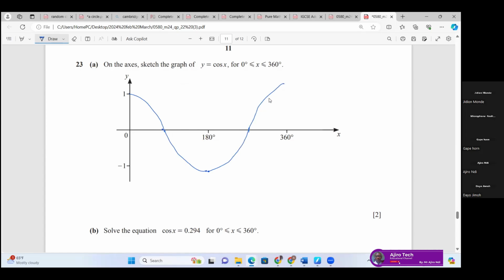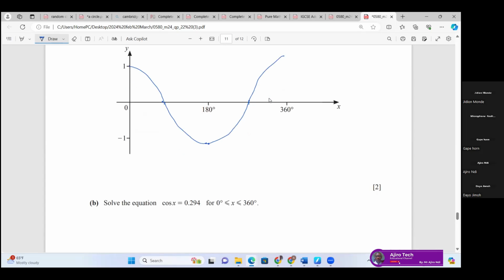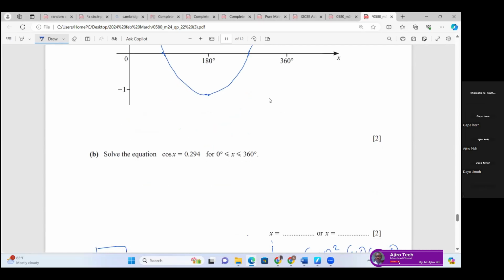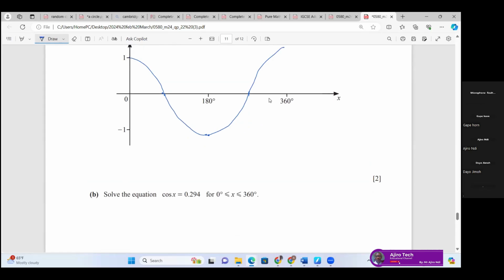This is my solution for cos x. Sorry, I missed it briefly. Okay, I'm back. Now, this is the curve, that's 2 marks.